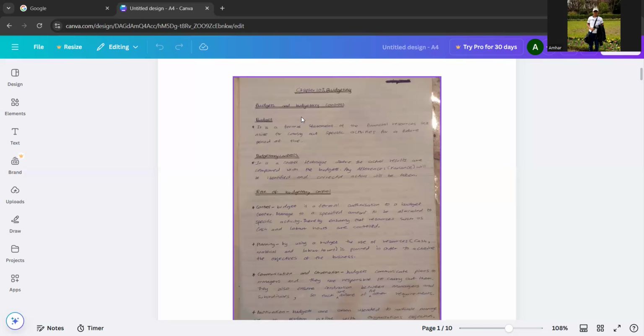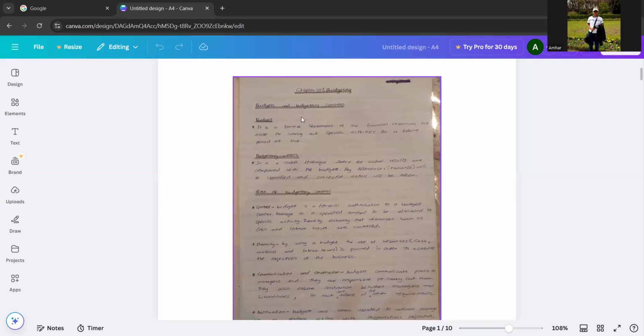When you're preparing budgets, you are keeping control of and minimizing cost increase. A budget is a prediction, right? So you are predicting the cost, which means that you are minimizing the cost increase. So the role of budgetary control is control. Cash and labor hours are also controlled. Like that, there are so many things.